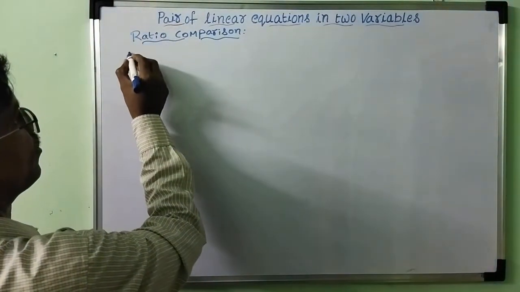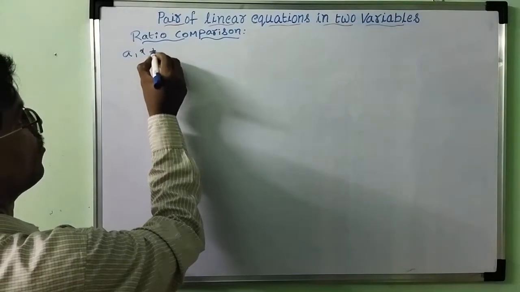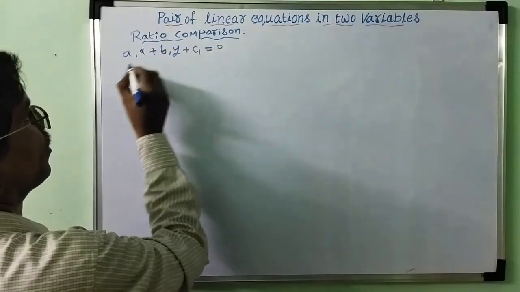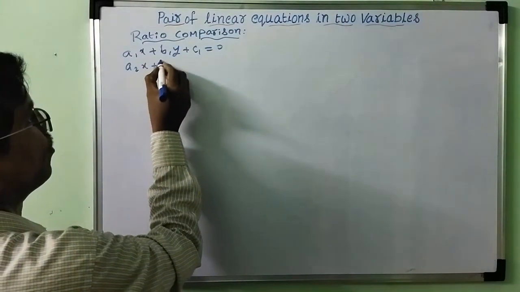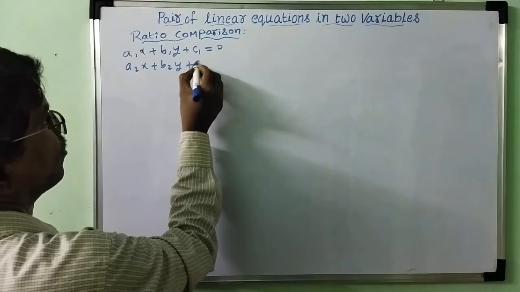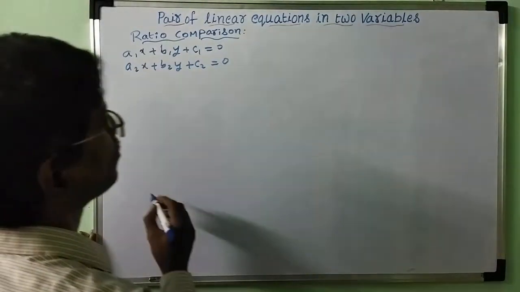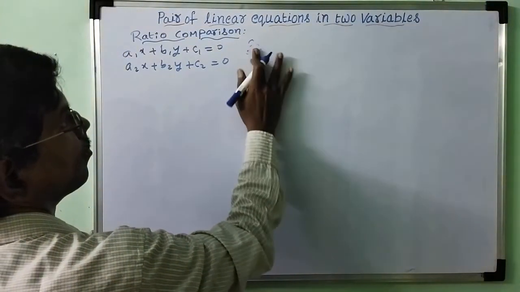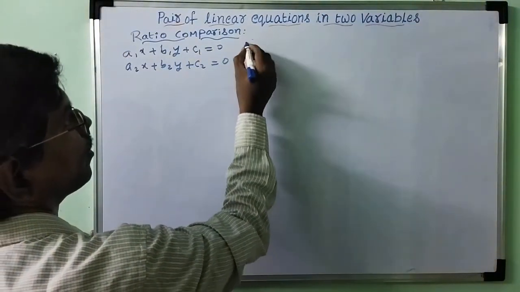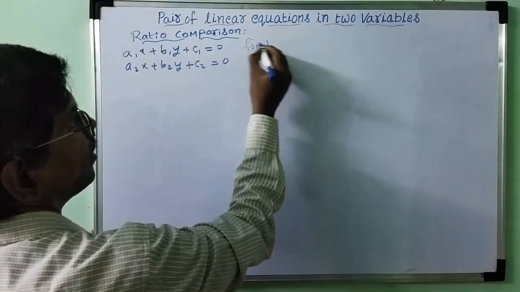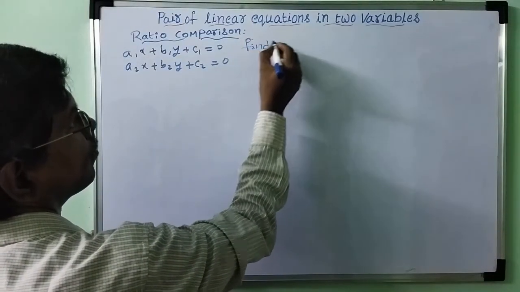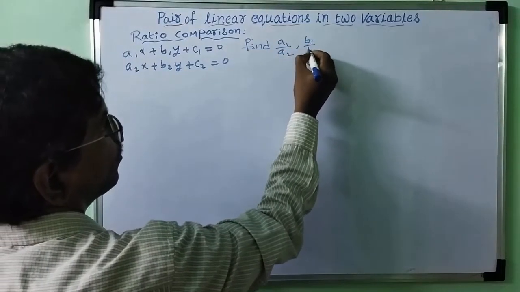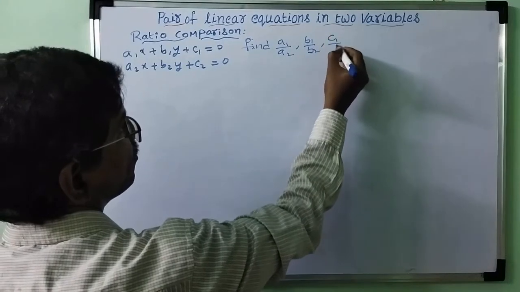If there are two linear equations, a1x plus b1y plus c1 equal to 0 and a2x plus b2y plus c2 equal to 0, first of all we have to find a1 by a2, b1 by b2 and c1 by c2.